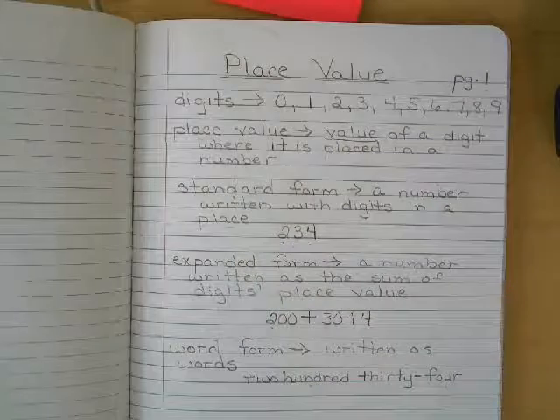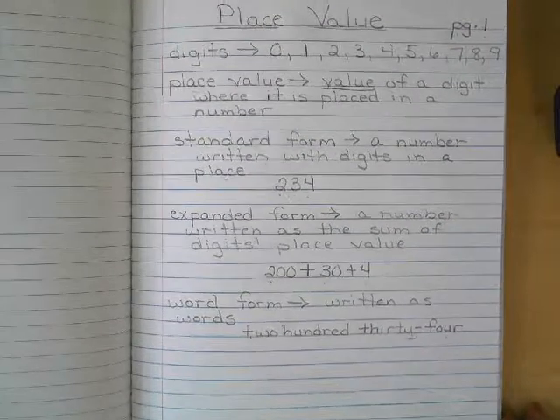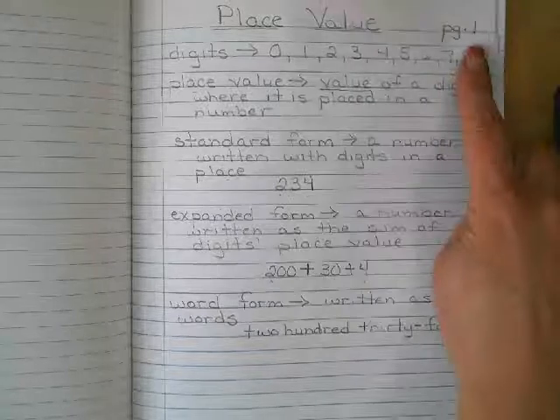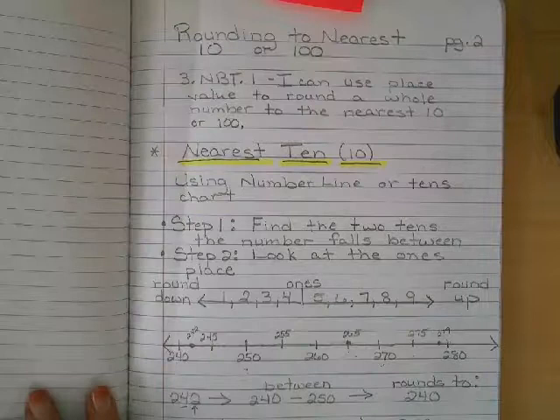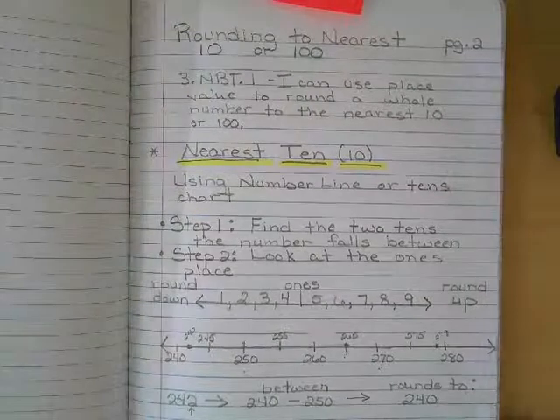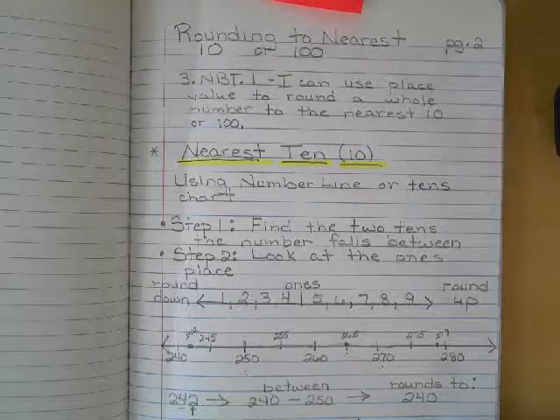I'm going to take a look at our table of contents, which is the next page. We also should still have our place value note, which is going to be our page 1. You should also, on page 2, have your rounding to the nearest 10 and 100 notes.